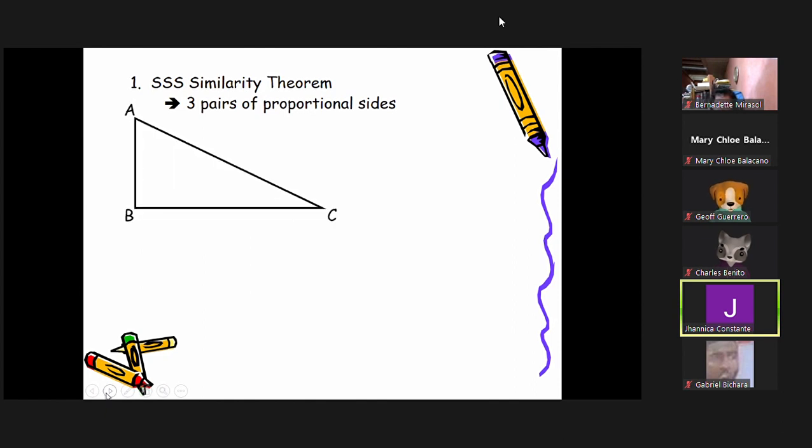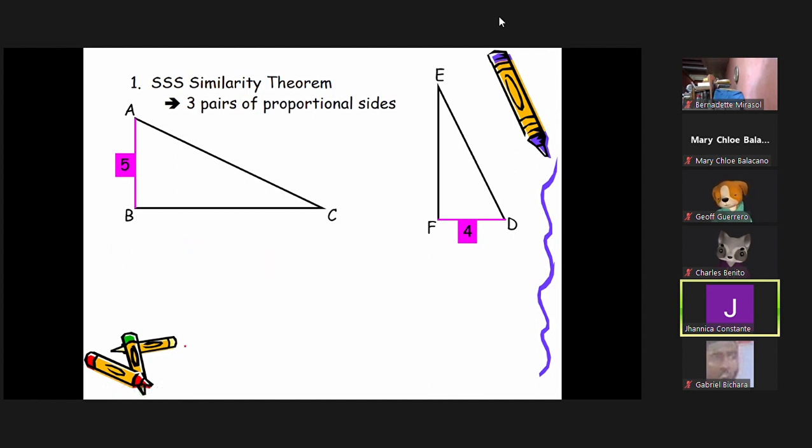For example, we have triangle ABC and triangle EFD. So let's say that side AB measures 5, side FD measures 4.